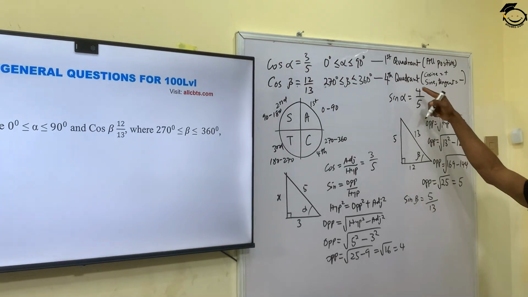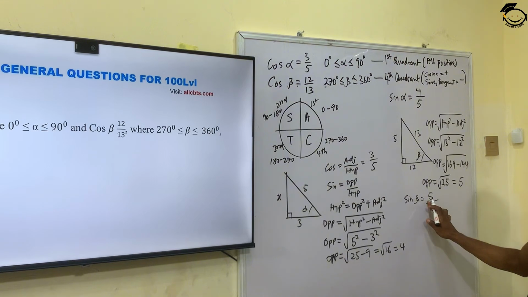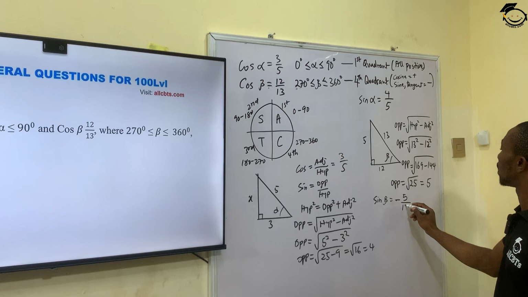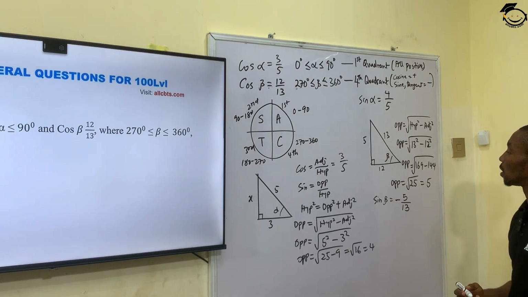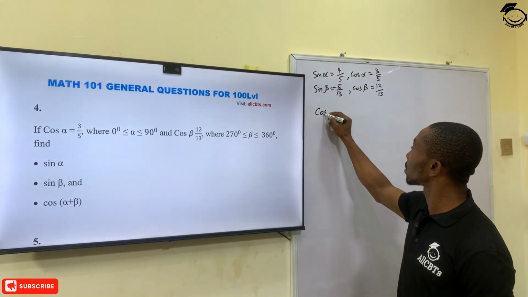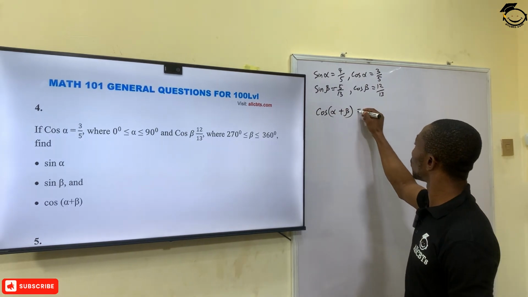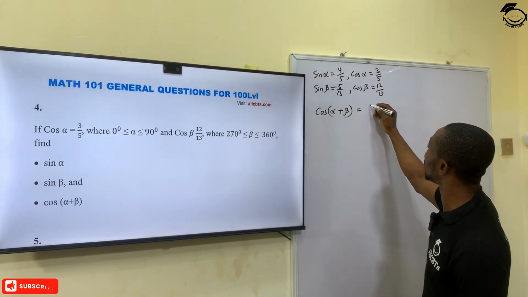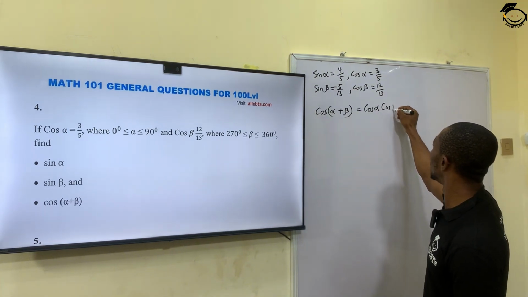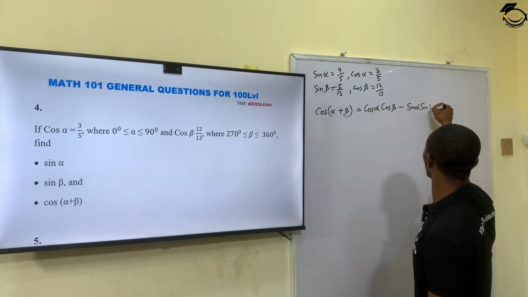But since it's in the fourth quadrant, our sine will be negative. So our sine beta will become minus 5 over 13. Now, for us to find cos alpha plus beta, we will use our trigonometric identity, which gives us cos alpha cos beta minus sine alpha sine beta.